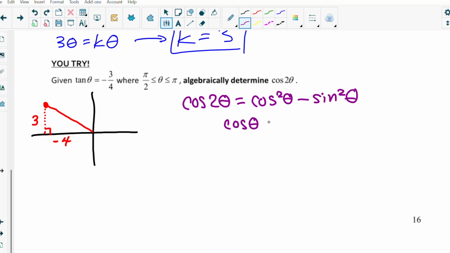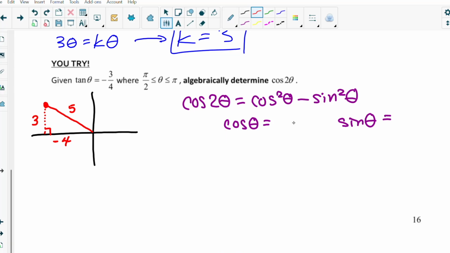So I need a cosine of theta, and I need a sine of theta. Okay, so if I use Pythagoras, this hypotenuse is going to be 5. It's a Pythagorean triplet, 3 squared plus 4 squared equals 5 squared. So the radius there, or the hypotenuse, is 5.